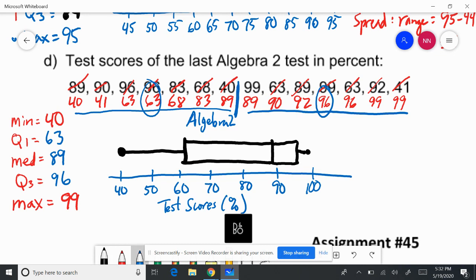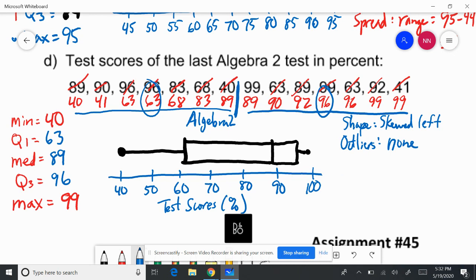And so when we're describing it, our shape is skewed left. Our outliers would be none. Then we're going to look at our center.